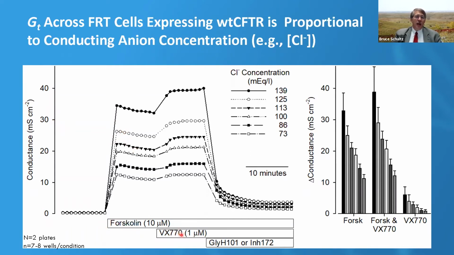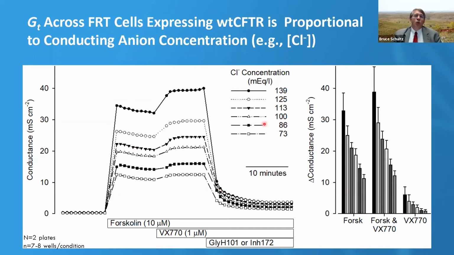We then add and mix VX770 into the media, and again have this static media where we measure conductance over a period of time, then expose the cells to a CFTR selective inhibitor, either GlyH101 or INH172, to reduce the conductance and convince ourselves that we're in fact looking at a CFTR-associated conductance.